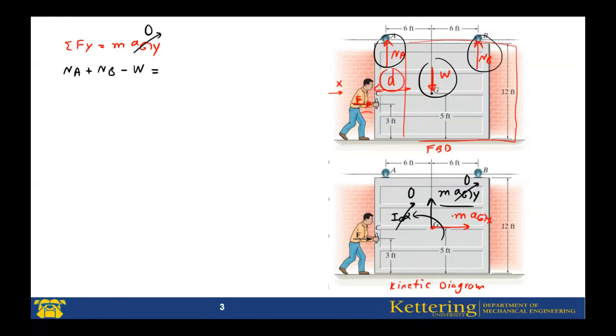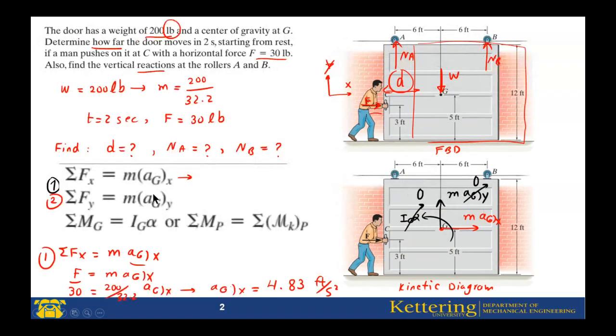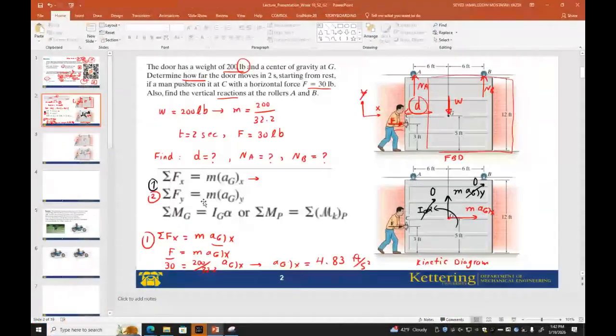Why? Look at the kinetic diagram. It is 0. Normal force at A plus normal force at B equals weight. What's the weight? 200 pounds. This is the second equation. Then, what is the third one? It is this one.